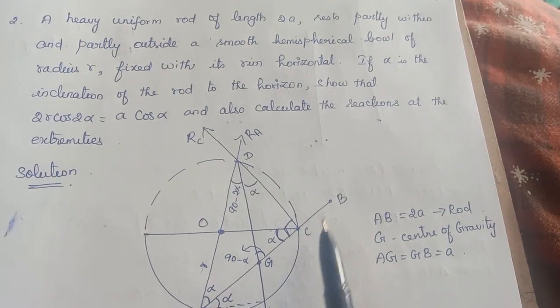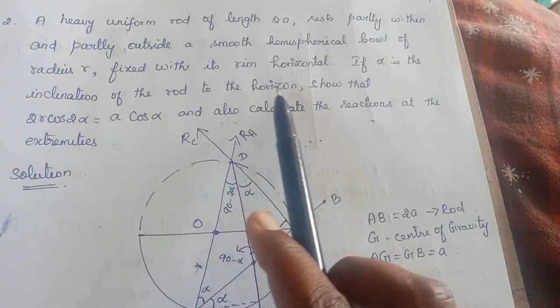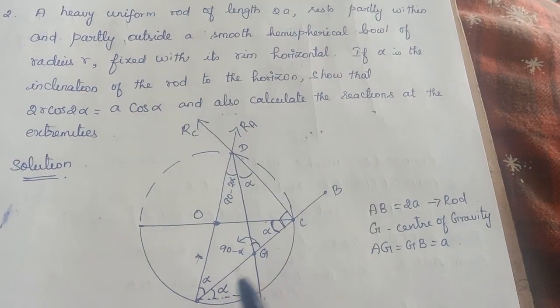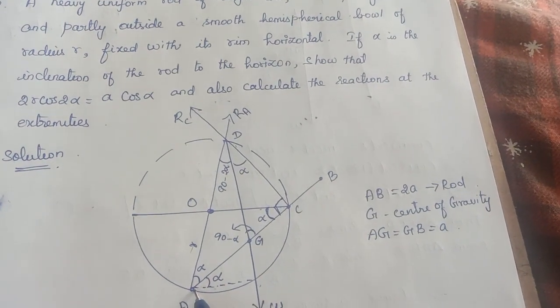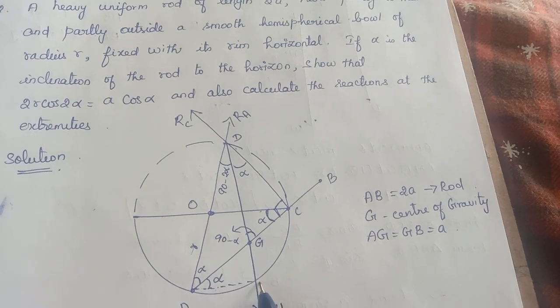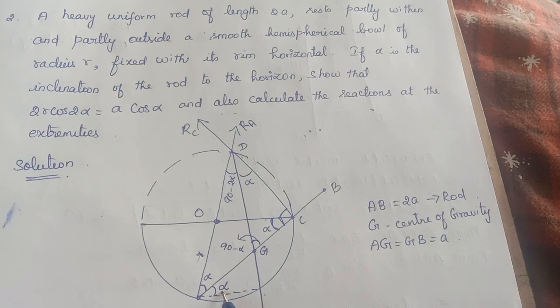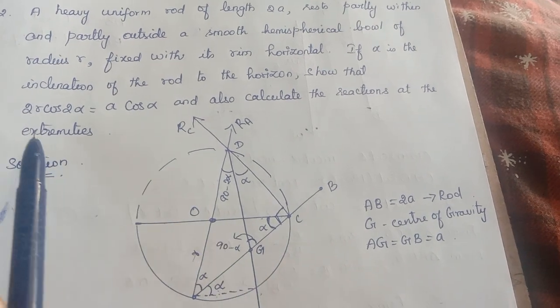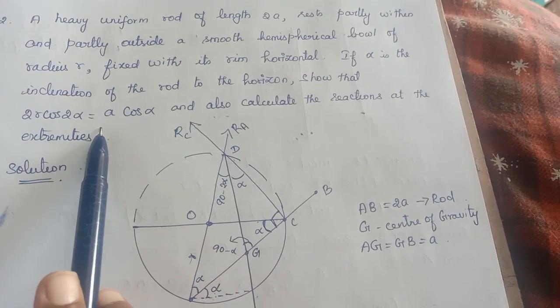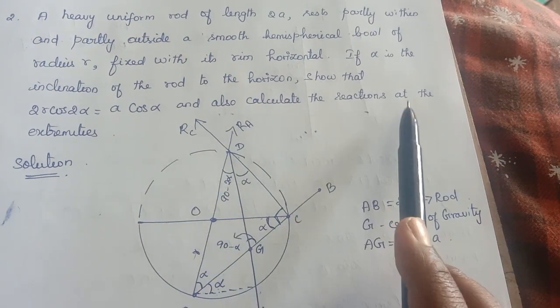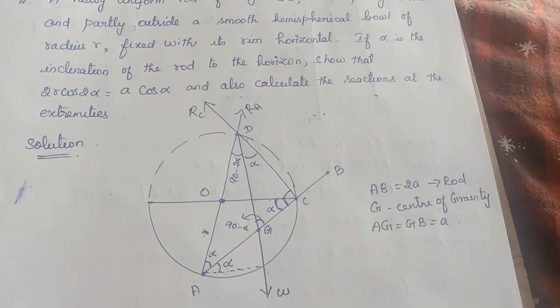In that way it was placed. If alpha is the inclination of the rod to the horizontal, let me draw a horizontal dotted line here. This is making an angle alpha here. What we have to prove is 2r cos 2 alpha equal to a cos alpha, and also calculate the reactions at the extremities.